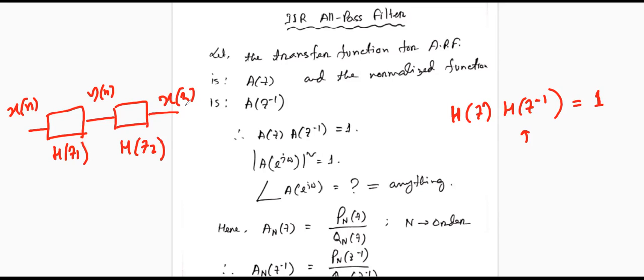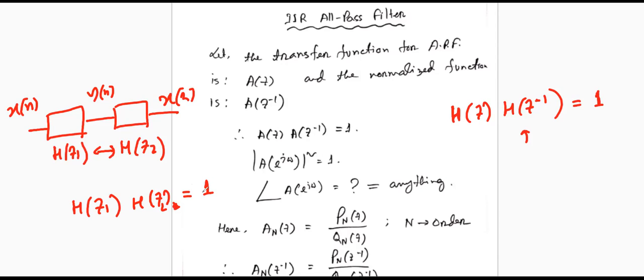Now, if you multiply these two, what will happen? These actually give you the amplification or the gain. The gain is definitely 1. So H1(z) into H2(z) should give you the magnitude 1 for any frequency.